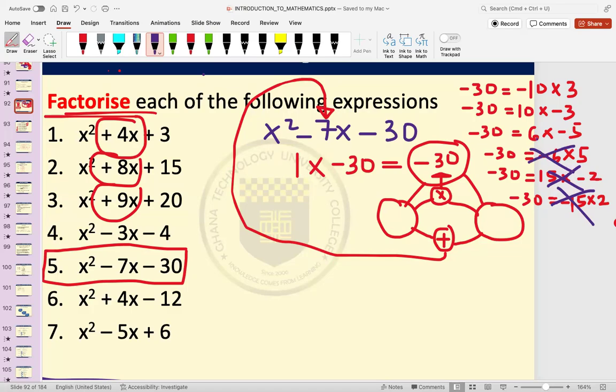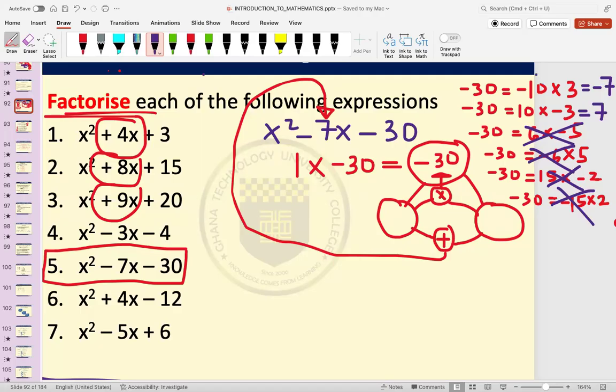Same with this one, 6 plus negative 5 cannot give me negative 7. Then I look here, finally, 10 plus negative 3 will give me positive 7. But I'm looking for negative 7. Then I try the last one, negative 10 plus 3. That is the one that is going to give me the negative 7 I'm looking for.